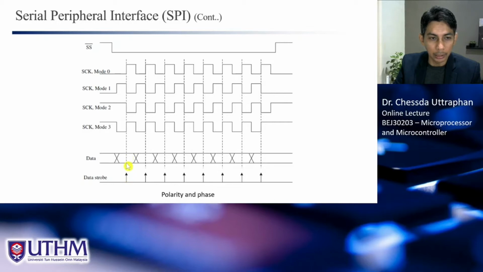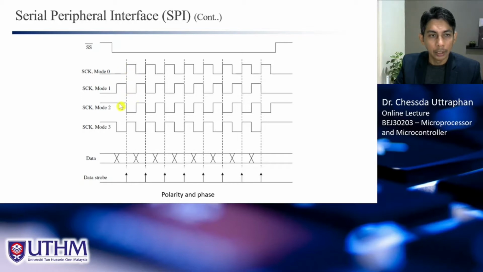For example, if this is the data and we swap the data here, it means the time that we read the data is here. For mode 0 and mode 1, when there is no communication between the sender and the receiver, both clock and data are at logic 0, right? The difference between mode 0 and mode 1 is that in mode 0 we read the data at the positive clock edge, but in mode 1 we read the data at the negative clock edge.